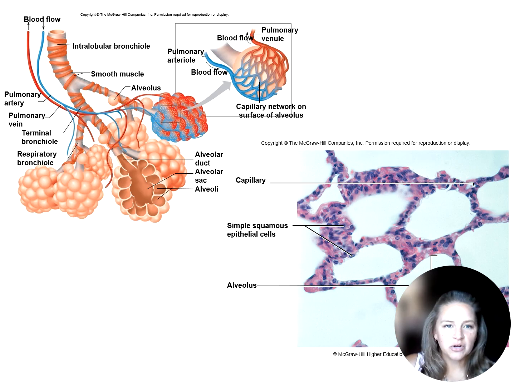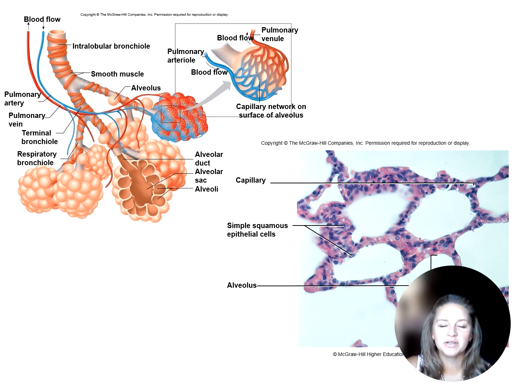This is a picture showing the interlobular bronchioles. You see how they are wrapped with this smooth muscle. And then down here at the end of these branches are these alveolar ducts and the alveolar sacs. The sac is filled with the air that we're breathing, and you can see it is surrounded by a pulmonary arteriole and a pulmonary venule, and where they intersect in the middle is the capillary.